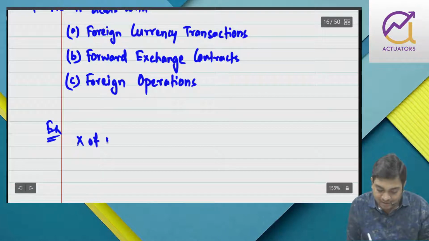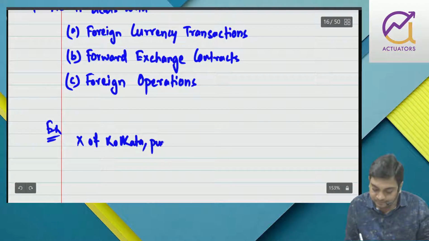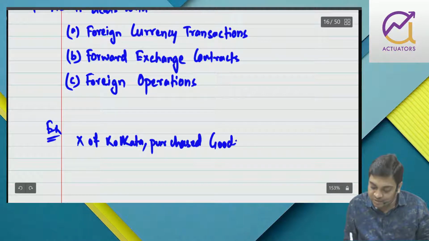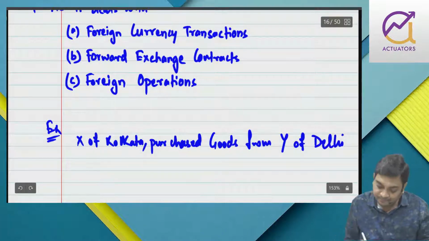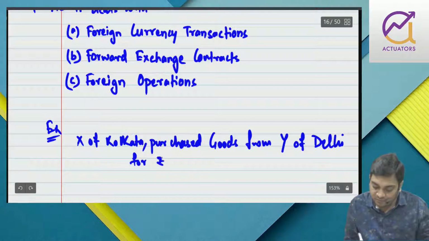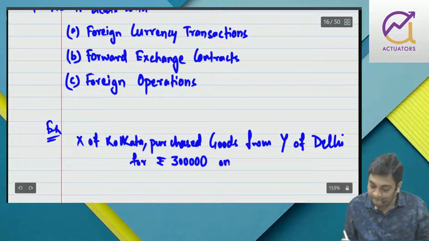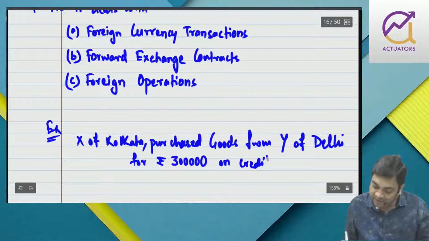X of Kolkata purchases goods from Y of Delhi for rupees 3 lakh on credit.